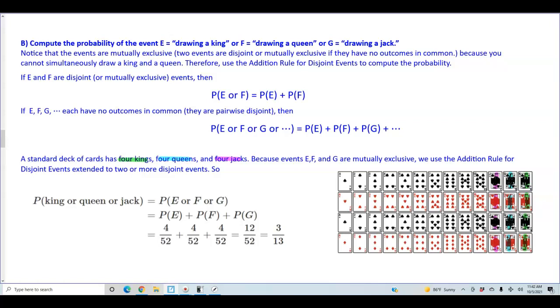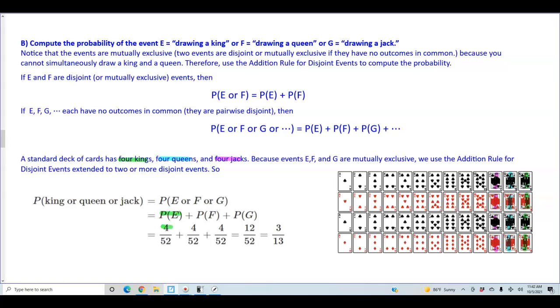Okay. Now again, because the events E, F, and G are mutually exclusive, we're going to use the addition rule for disjoint events extending to 2 or more disjoint events. So the probability of a king or a queen or a jack is equal to the probability of event E or the probability of event F or the probability of event G. So we know that the probability of event E is 4 kings.